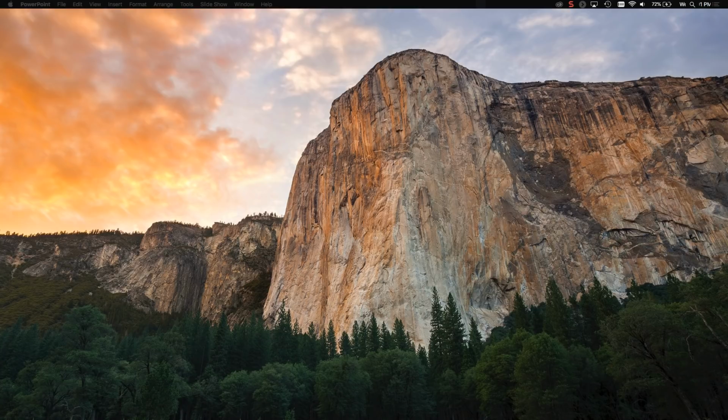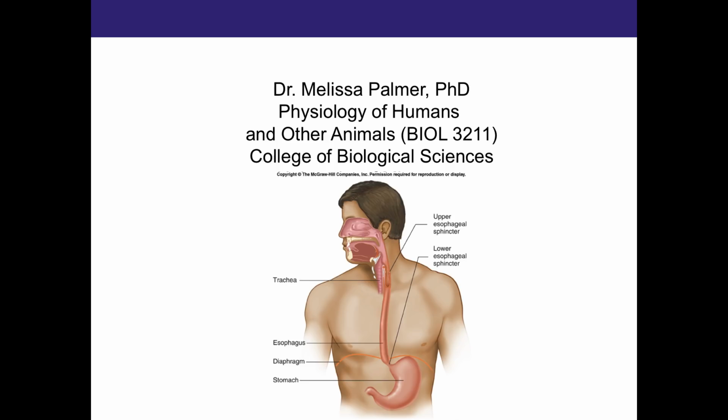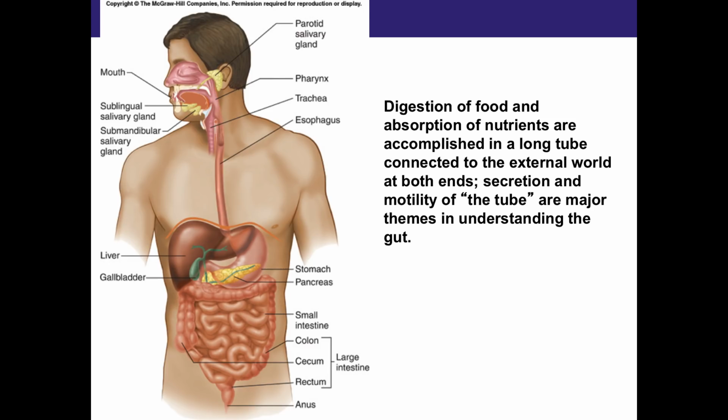All right, so let's just start from the top. We'll just go through it pretty systematically, you guys. What we're talking about here is an organ system. The GI tract is essentially an organ system. It's made up of a number of different organs that all play a role in similar function.